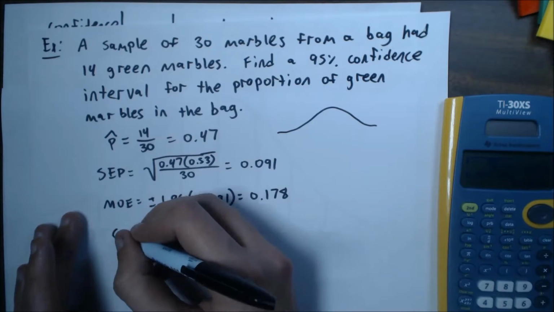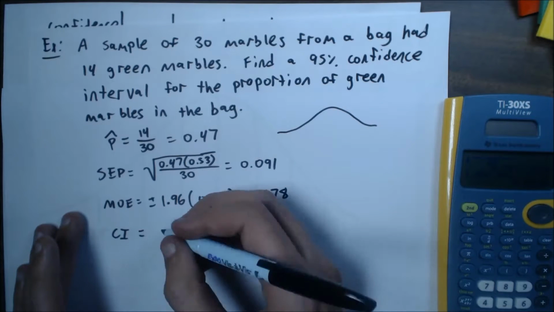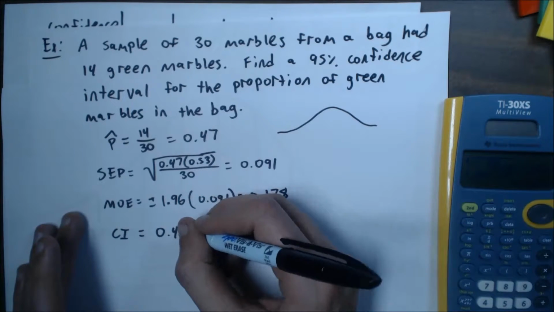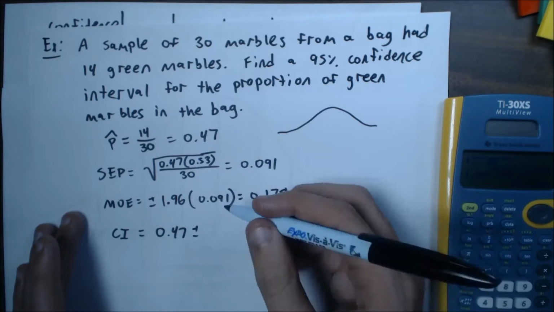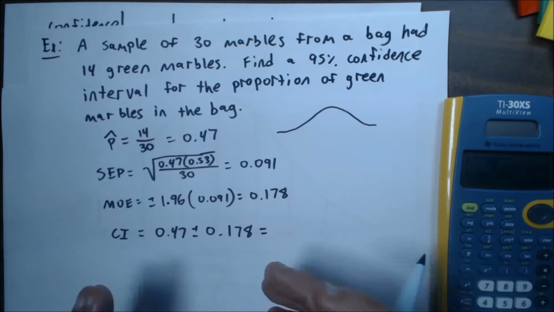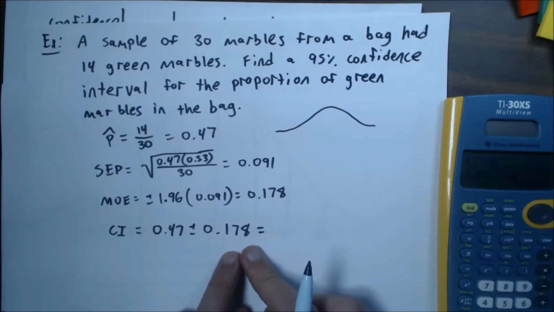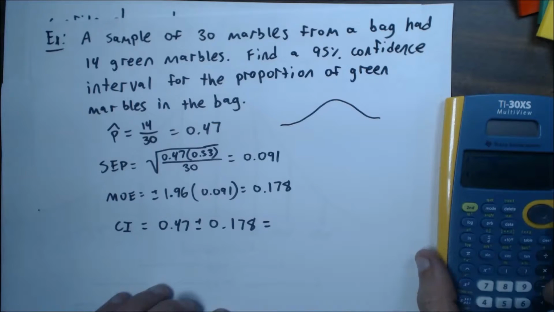Okay, so then what is the confidence interval? The confidence interval is simply p hat, 0.47, plus or minus our margin of error, 0.178, which gives us two numbers. Plus or minus means it's two numbers. Then you do p hat plus the margin of error and p hat minus the margin of error.